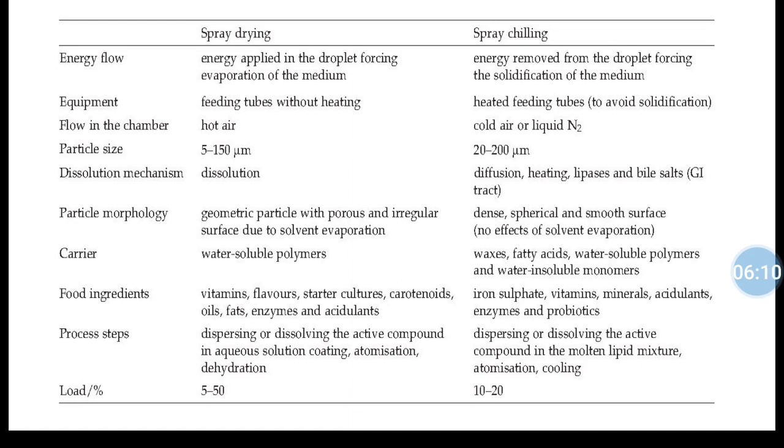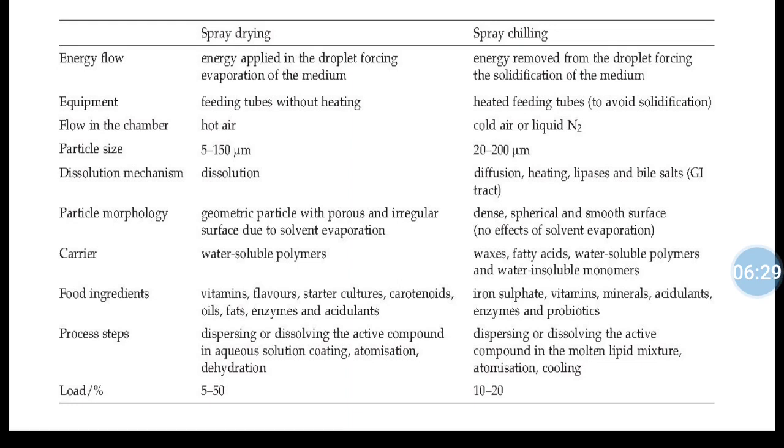The equipment difference is that in spray drying, feeding tubes are without heating, whereas in spray chilling, the feeding tubes are heated to prevent premature solidification of the coating material.